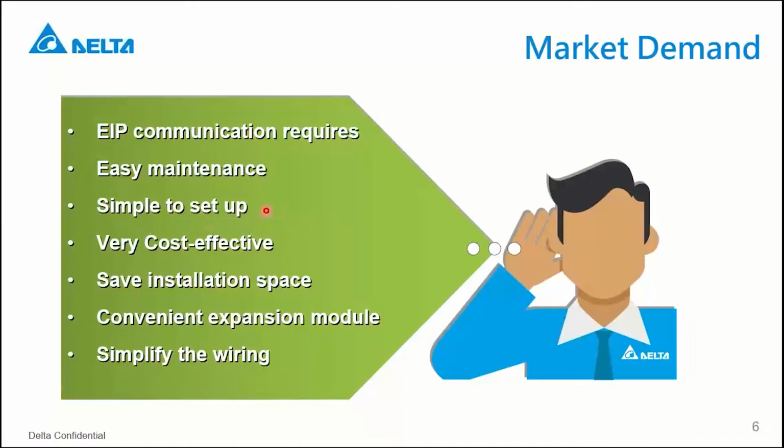And also, once they do the software setup, it has to be simple. And also cost efficiency, and saving installation space. I think this one is also very important. Sometimes you can see the control panel inside the factory.